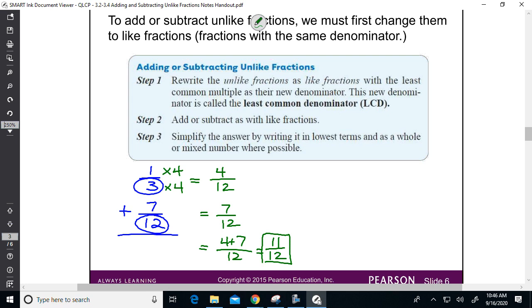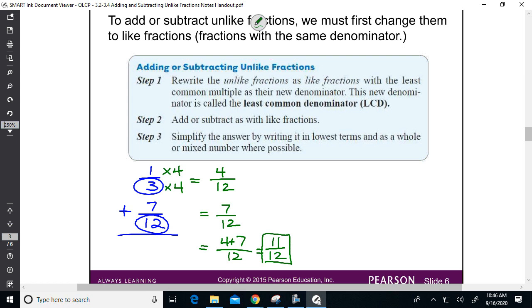So sometimes you only have to do one fraction. Sometimes you'll have to touch both fractions. When you have to touch both fractions, that's what we call forcing the problem to work. So there are times in which we're going to force the problem to work.